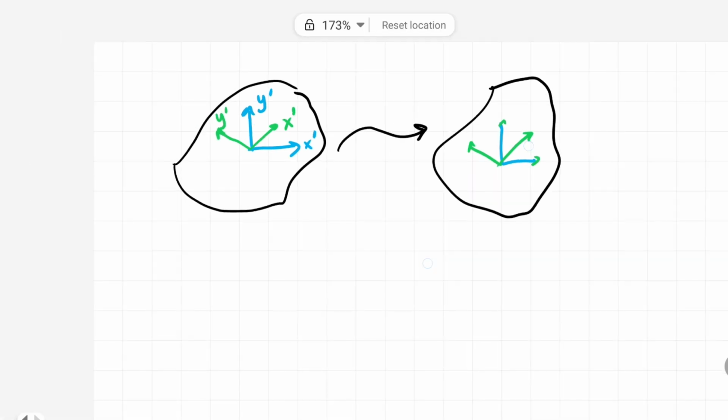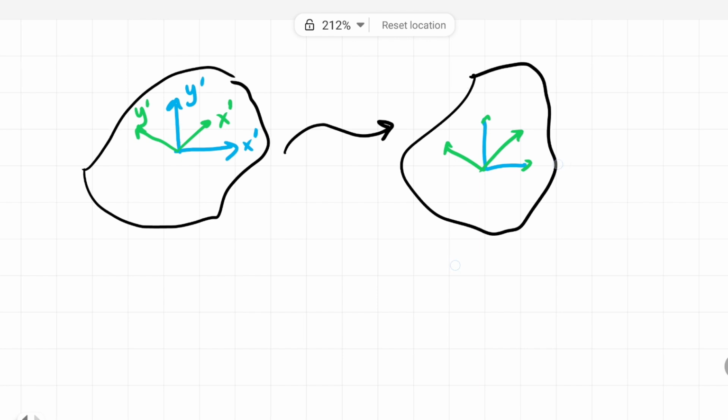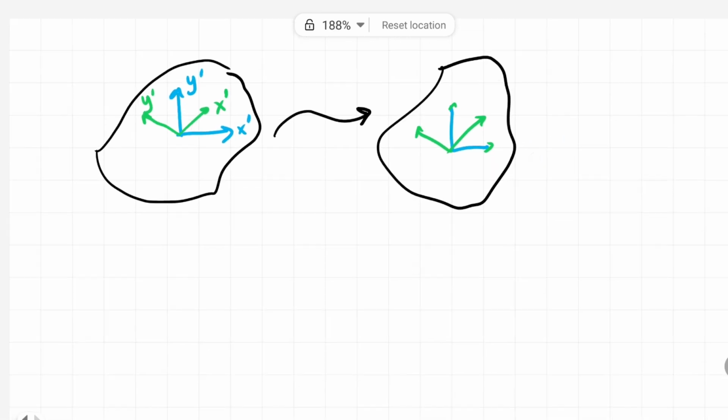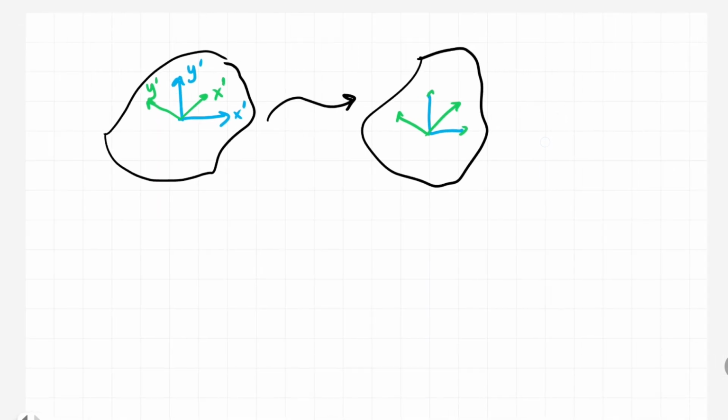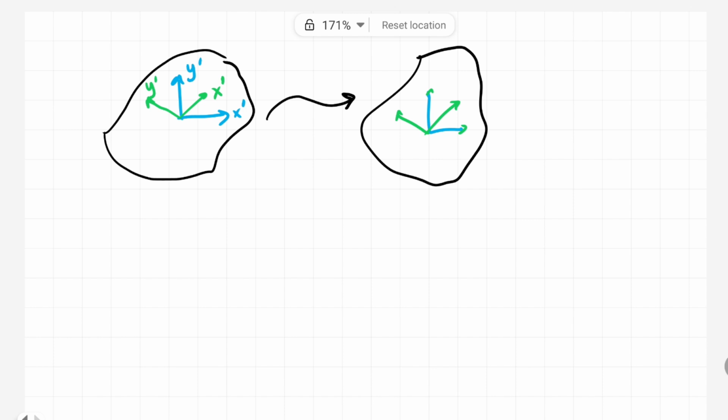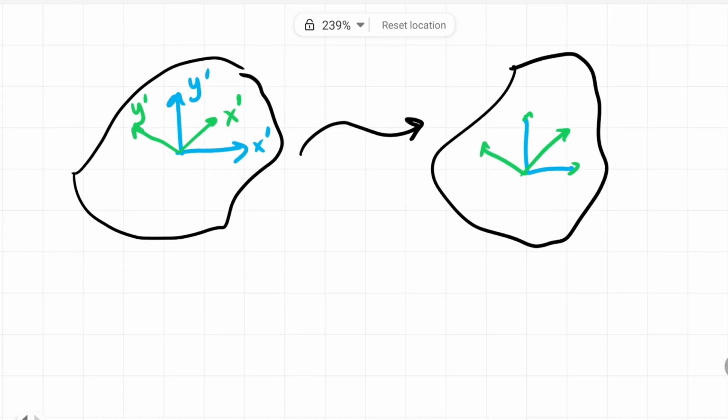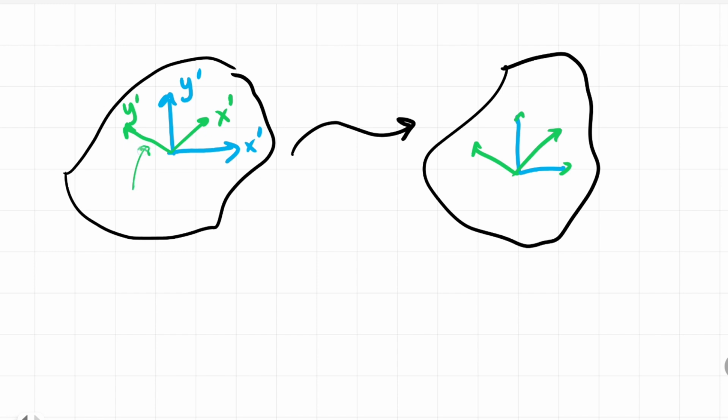Looking at these coordinate systems, they are going to be represented by orthonormal bases, so we can establish a relation between the elements of these two bases. And actually, these relations are going to be determined by an orthogonal matrix. First of all, we are going to name this new coordinate system with a tilde.